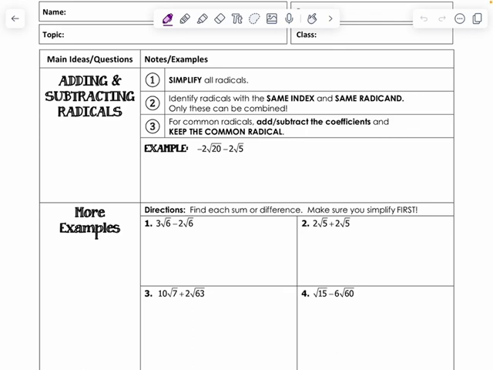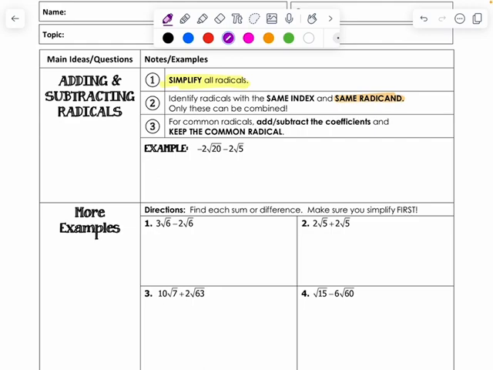Okay. So when we add and subtract radicals, the first thing you have to do is simplify any radical. If it's not simplified, you've got to simplify it. Now, when we have a radical with the same index and the same radicand, then we can combine those.